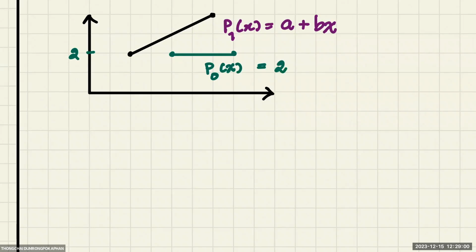Now it can be written as 2 plus 0 times x. You can think that polynomial degree 0 is part of polynomial degree 1, where the constant is 0, okay?